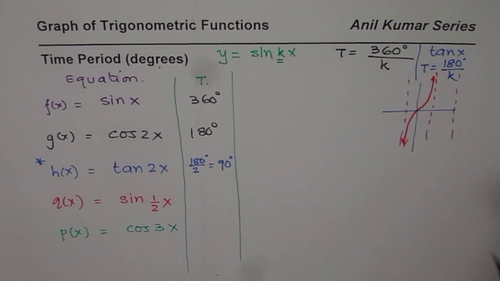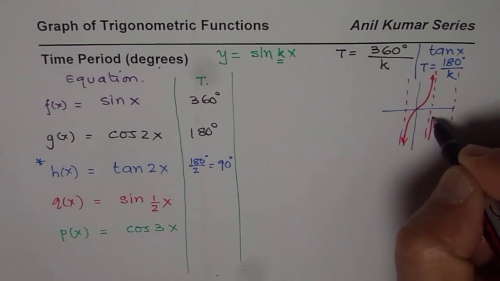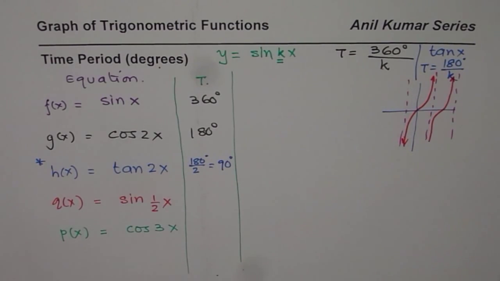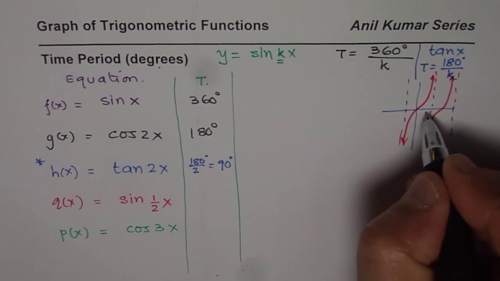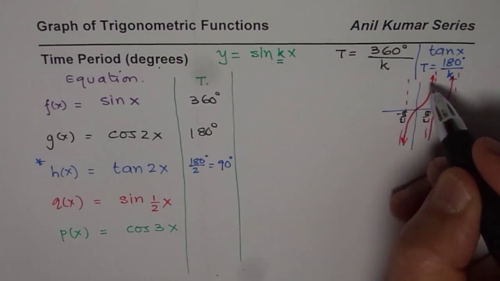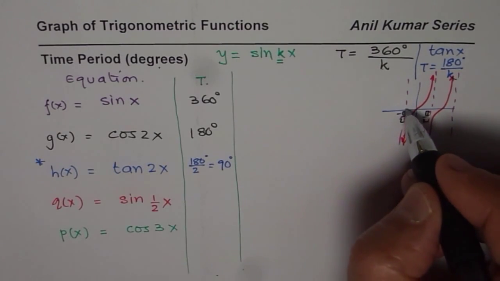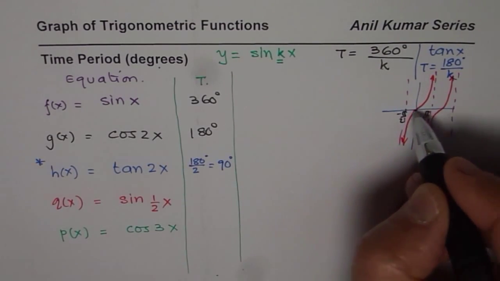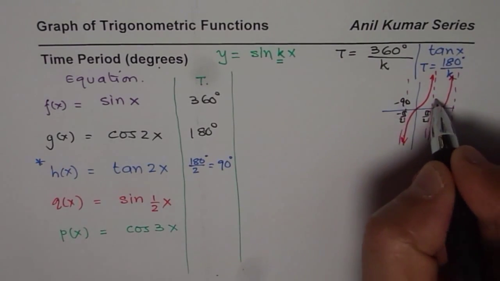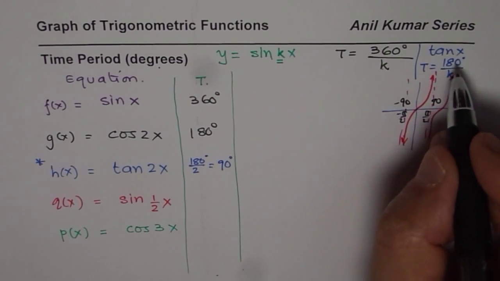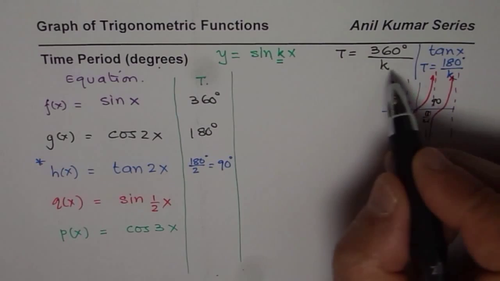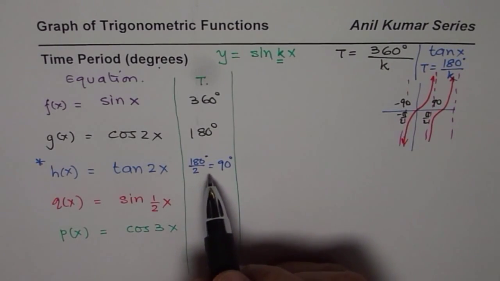So in between, it's always rising, kind of like this, right? So that is how the graph is. So this is pi by 2 and this is minus pi by 2. This pattern is repeated. Do you see that? And therefore from minus pi by 2 to pi by 2, it is an interval of pi, or I should write minus 90 degrees to plus 90 degrees, which is an interval of 180. So the time period for tan is 180, not 360. So make a note of this.